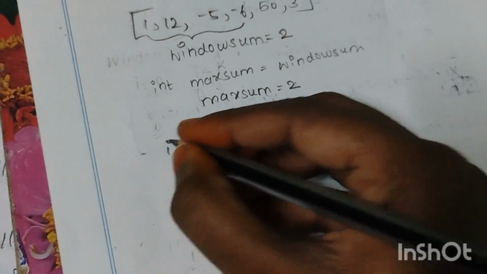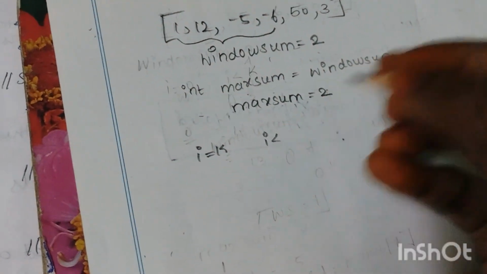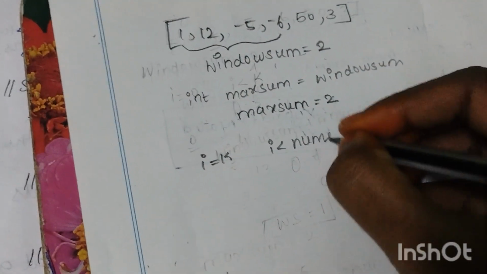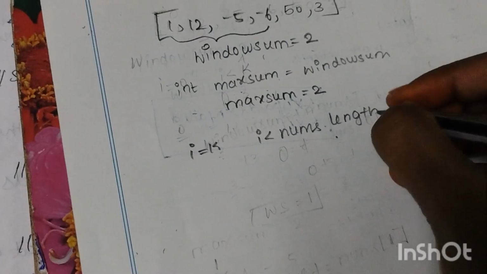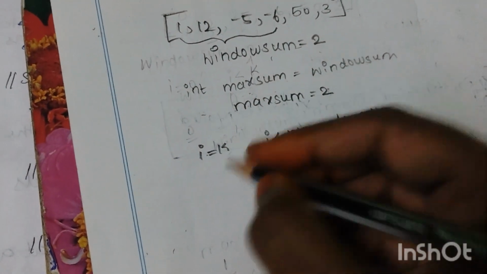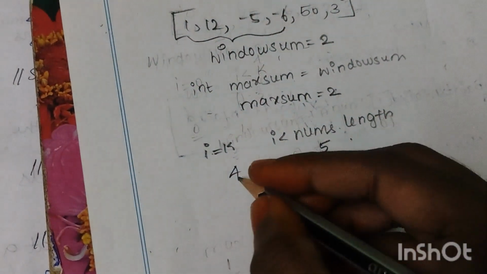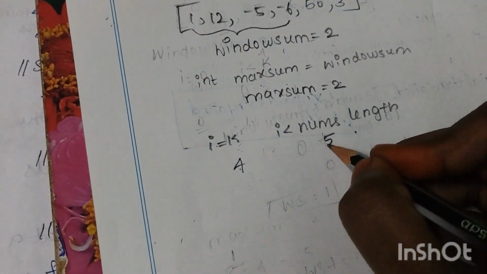And in the next iteration, we are starting from i is equal to k, right? And we are ending till nums dot length. Nums dot length is equal to 5 and our i is equal to 4, right? So the loop will run from 4 till 5.